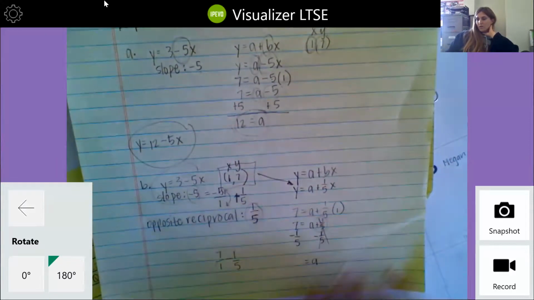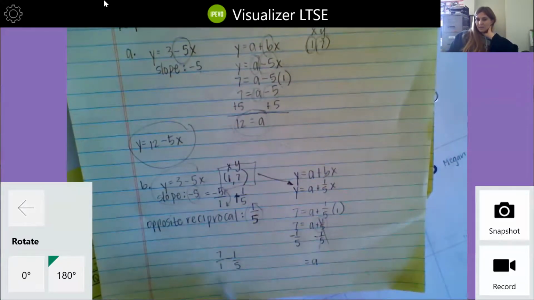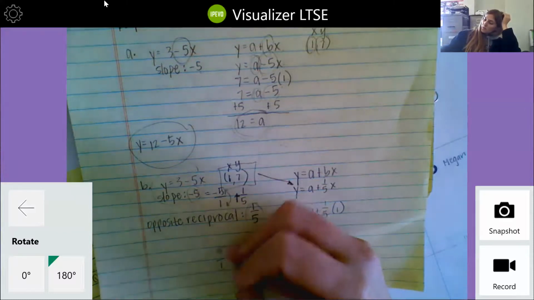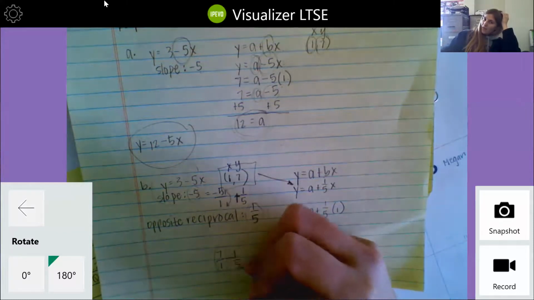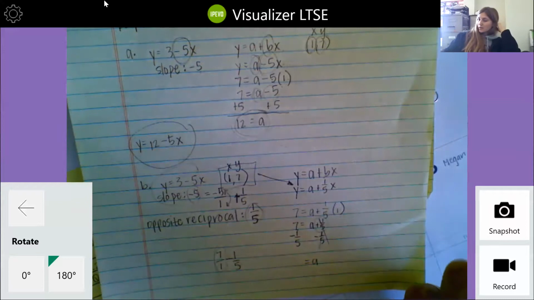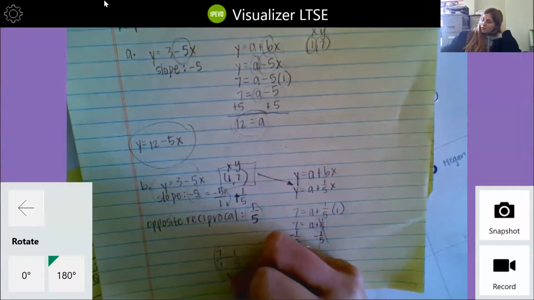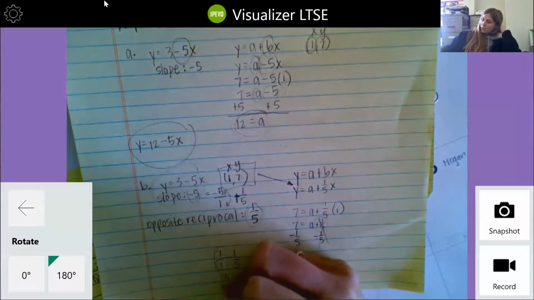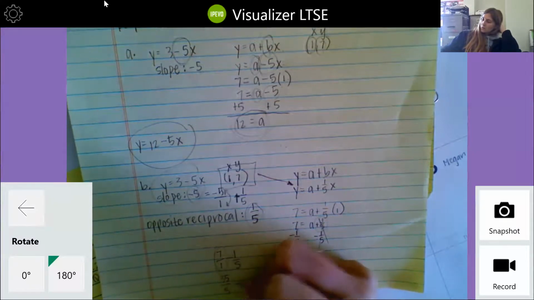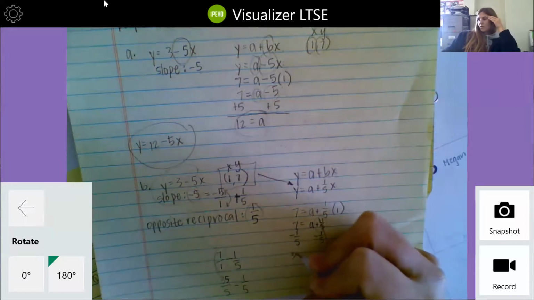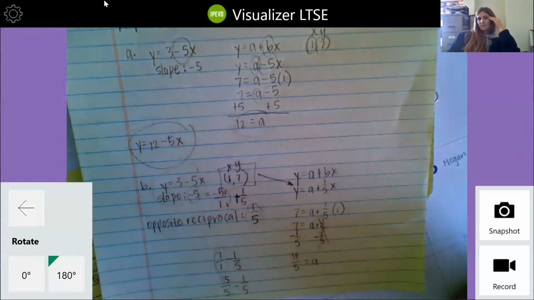Well, if I need to subtract fractions that have different denominators, my first step needs to be changing one of my fractions so that they have the same denominator. So this becomes 35 over 5 minus 1 over 5, which is 34 over 5.